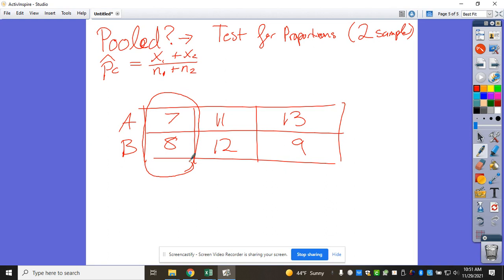Because those two are together for some reason. There's a reason to put those two together. It's not just that I could rearrange these 3 numbers and it wouldn't make a difference with context at all, then it would not be matched pairs. It's only if this is person number 1 or something like that. I have been vague with those on a lot of the examples on purpose. Usually that's a lot more obvious that it's matched pairs.